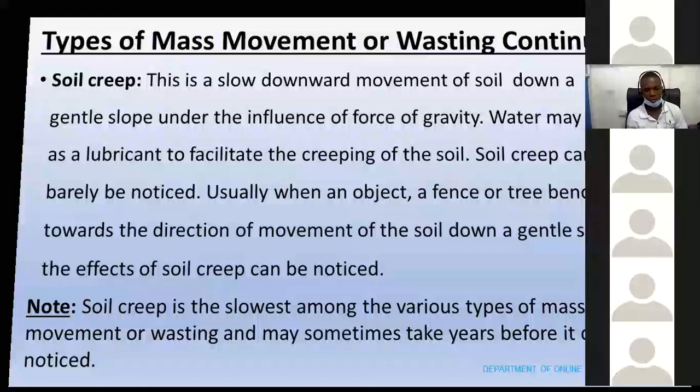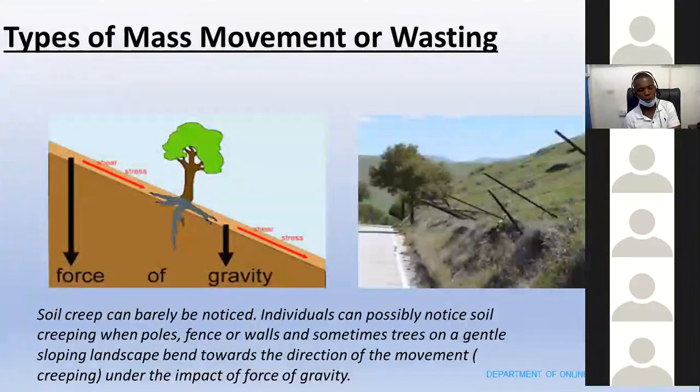Now, don't forget the important role played by the force of gravity. The force of gravity plays an important role here. By far, this is the slowest movement. It can barely be noticed.